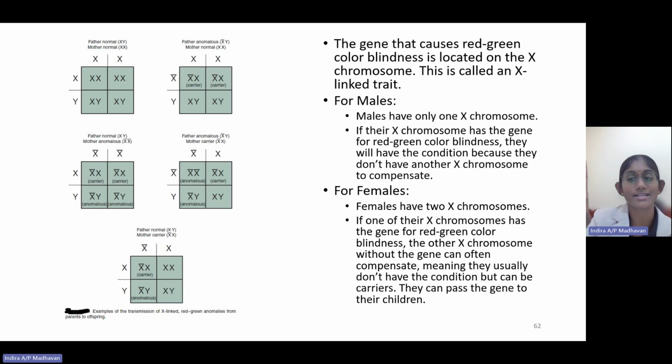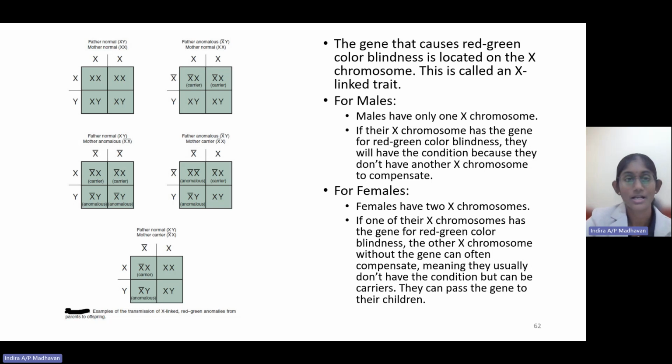For males, since there is only one X chromosome, if the defect is passed to that X chromosome, then you are colorblind. But females have 2 X chromosomes. If it is only passed to one of them, then they are carriers of the defect. But if they have it on both chromosomes, then they will have the color vision deficiency.